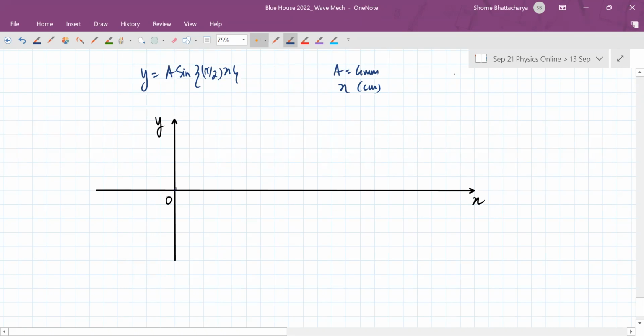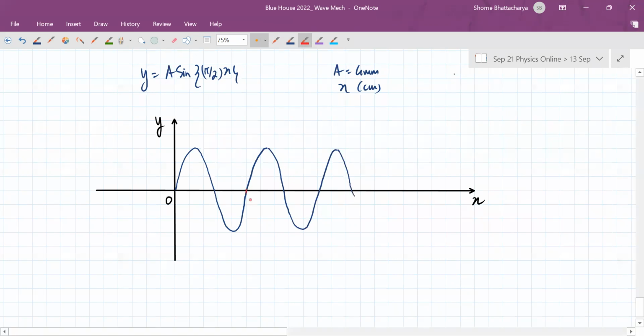You can see that it will have a wavelength effectively of 4 centimeters, right?